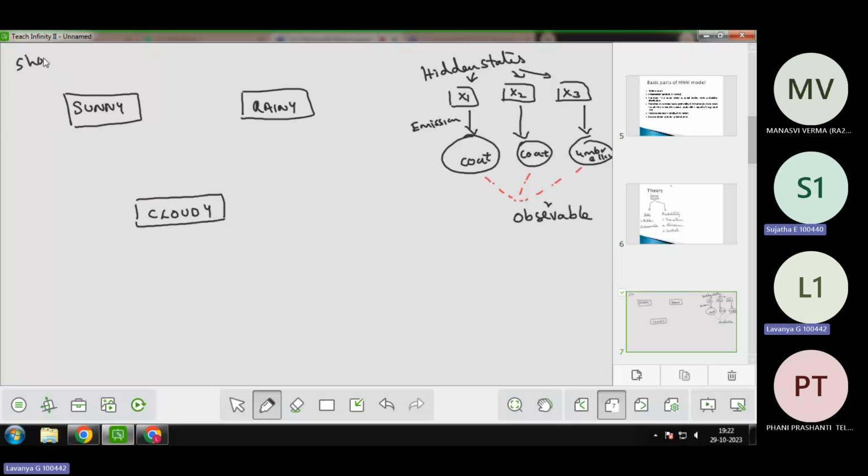I represent shorts as 0.6, a coat as 0.3, and the probability that he carries an umbrella is 0.1. So these are the three probabilities.